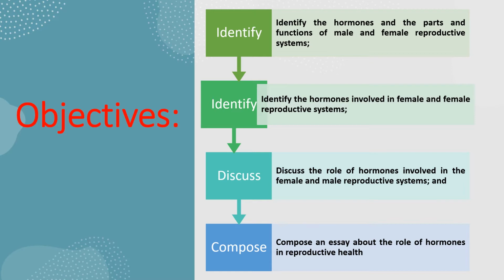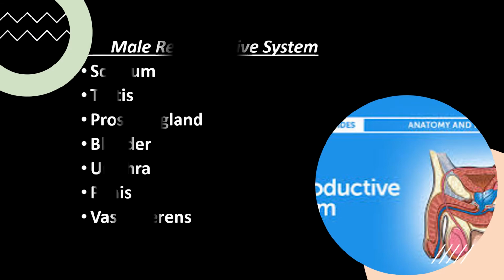We will also be identifying these hormones that are involved in the female and male reproductive systems. Then, we will be discussing what are the roles of these hormones for both male and female. Then lastly, you will be asked to compose an essay regarding the role of hormones in reproductive health. So let's begin with this one.